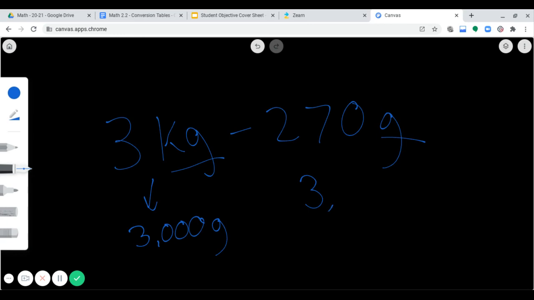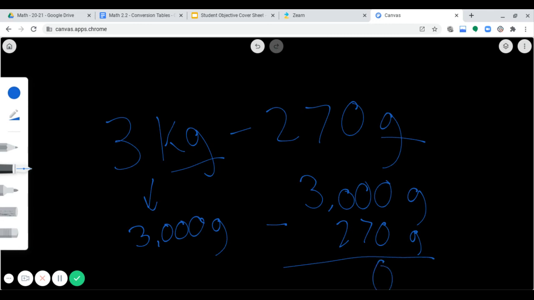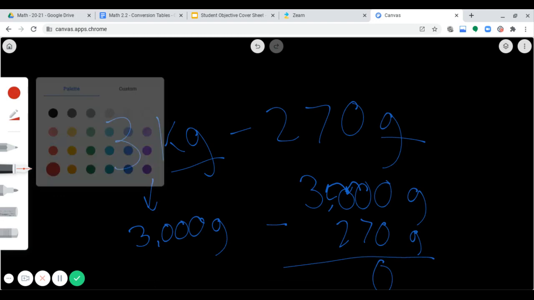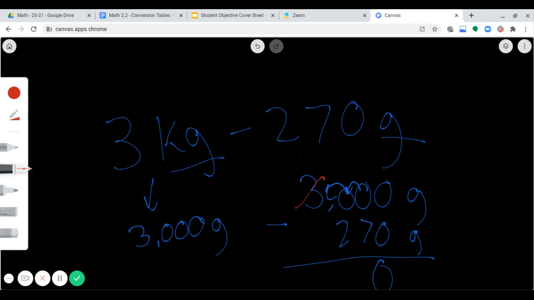So now I can solve it. And that's just subtraction. 3,000 grams minus 270 grams. Can I do 0 minus 0? Yes, I can. Can I do 0 minus 7? No, I can't. I have to borrow. I can't borrow from that 0. I have to go all the way to my thousands place. So I'm borrowing from that 3. That 3 becomes a 2.